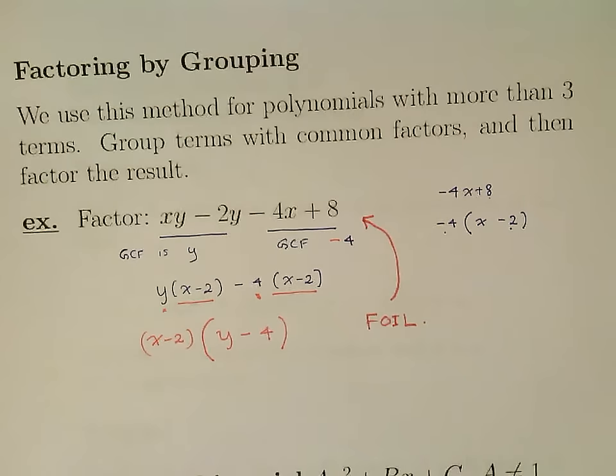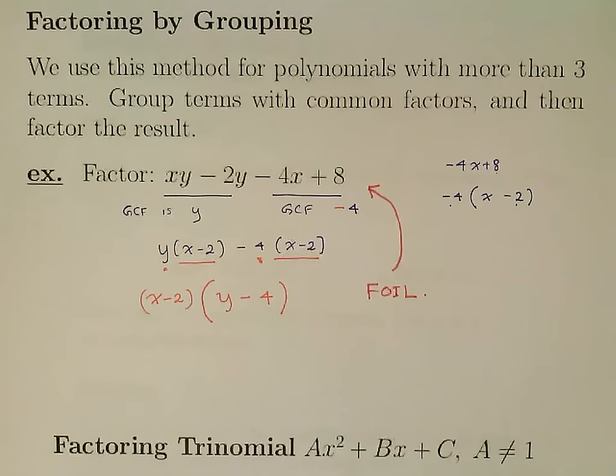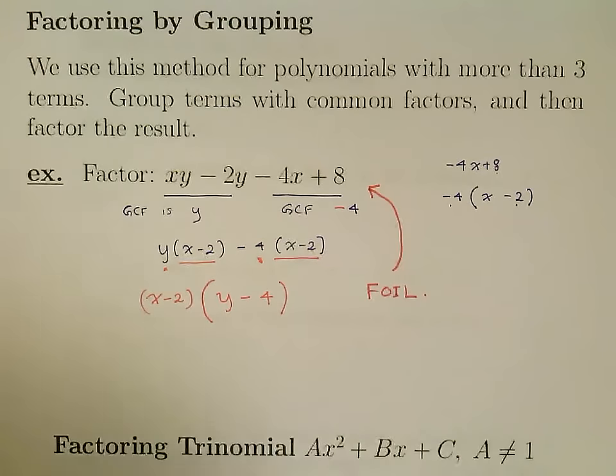Okay, now factoring by grouping is really important, because that is the technique that we will use when it comes to factoring a trinomial. Okay, so let us do one more example here. So I did this in class, but I did not do the one I'm going to do next in class. So how about this?